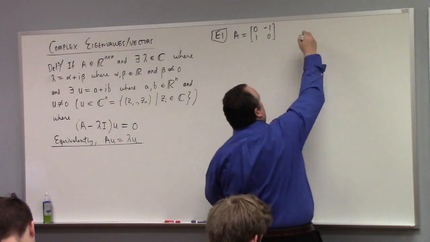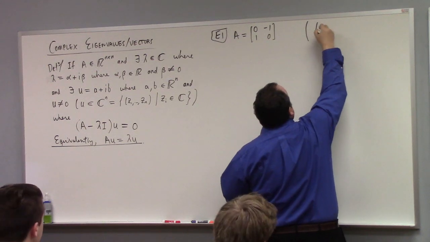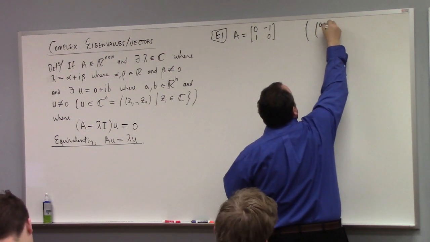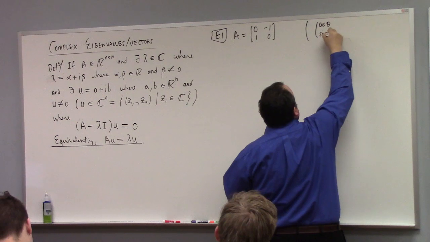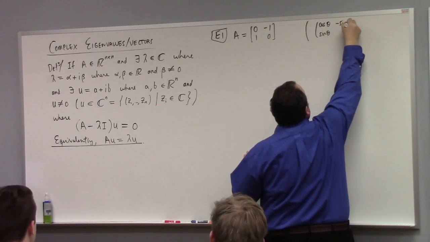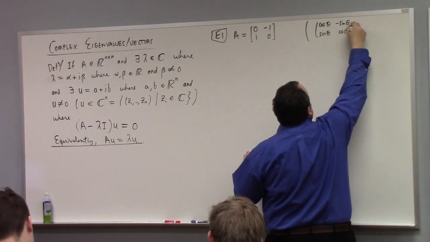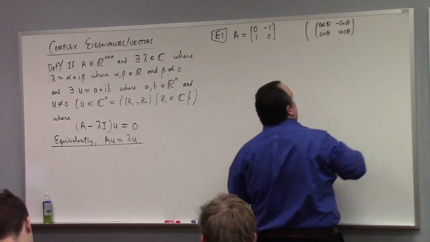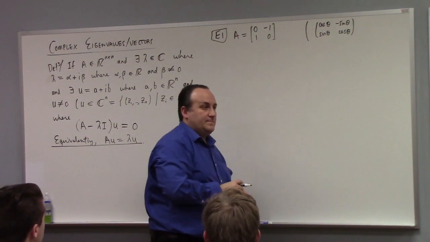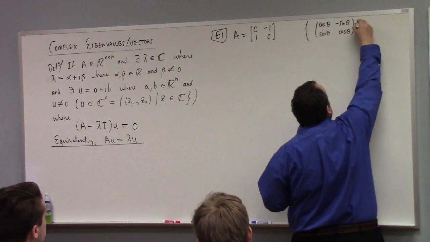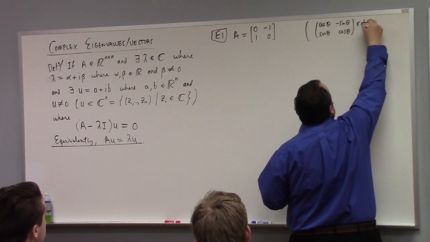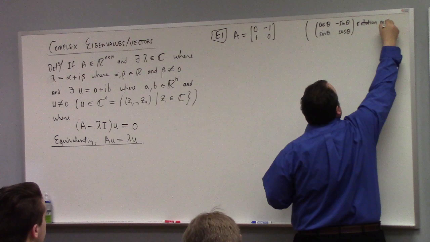Something you should know about, if you think about the matrix [cos theta, -sin theta; sin theta, cos theta], this is a rotation matrix, right? And we've played some with these other days. We'll do more with them again, but this is a rotation matrix in the plane.